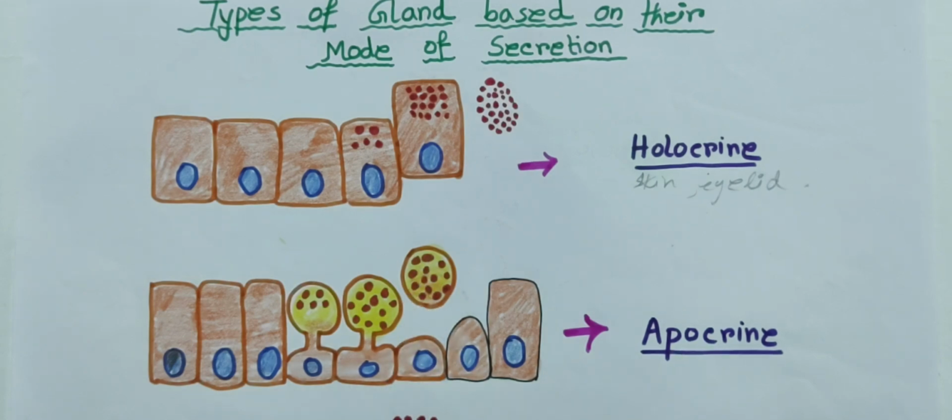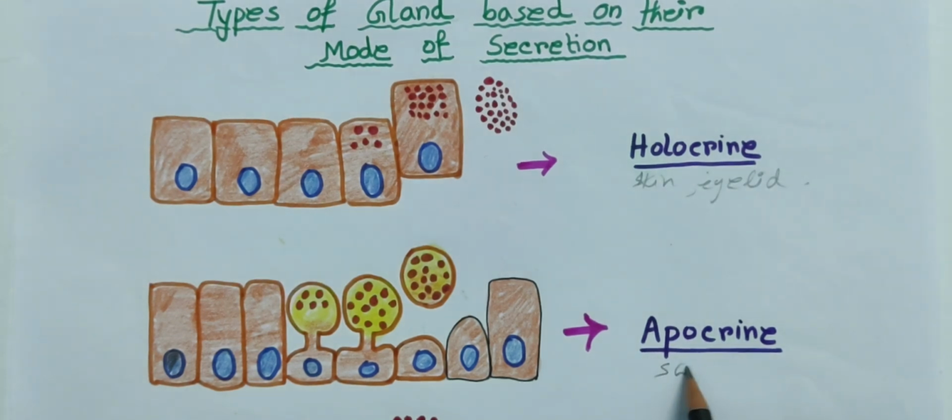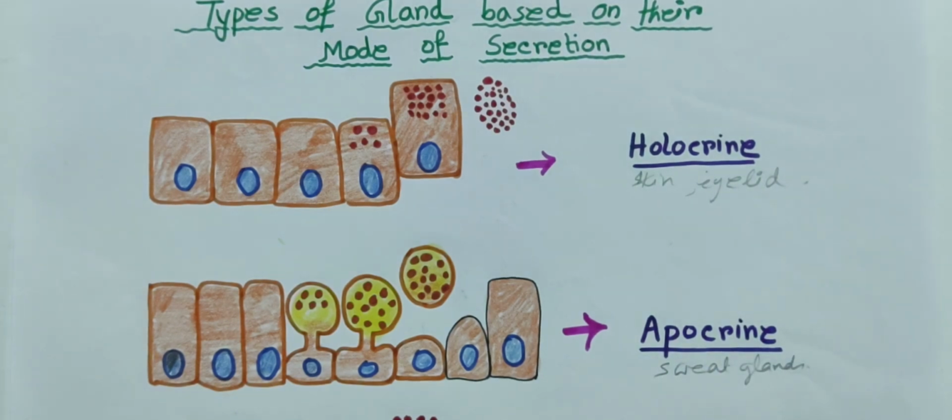Then the cell, after releasing its secretory product, repairs itself and continues to produce the substance in the same manner. So this is the apocrine gland. Sweat glands are the example of apocrine glands.